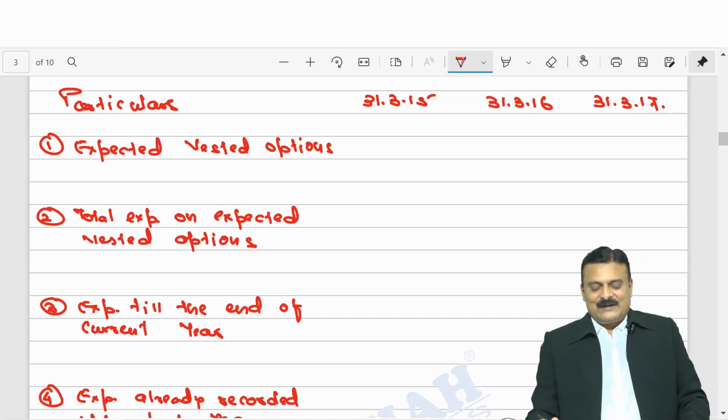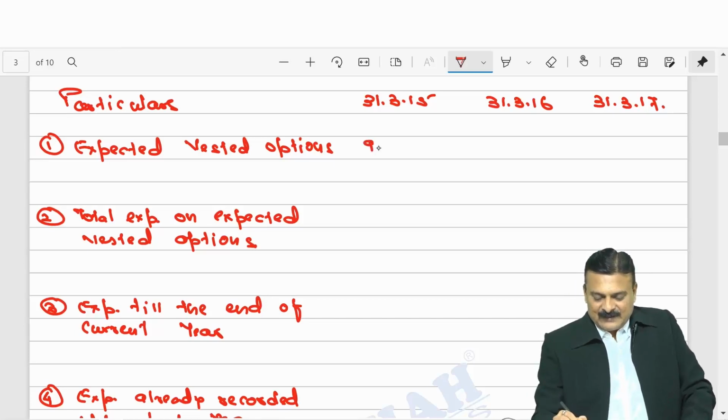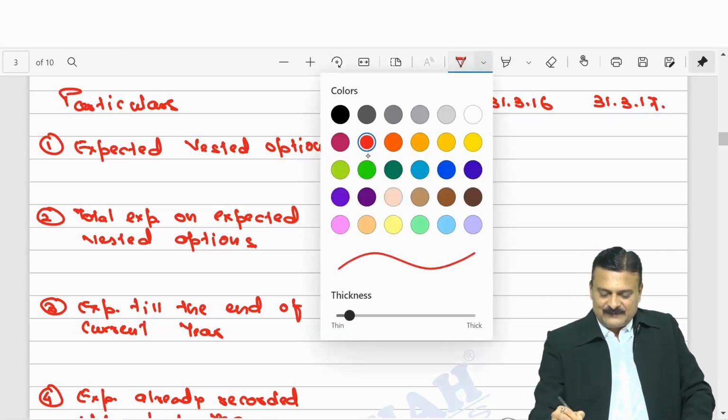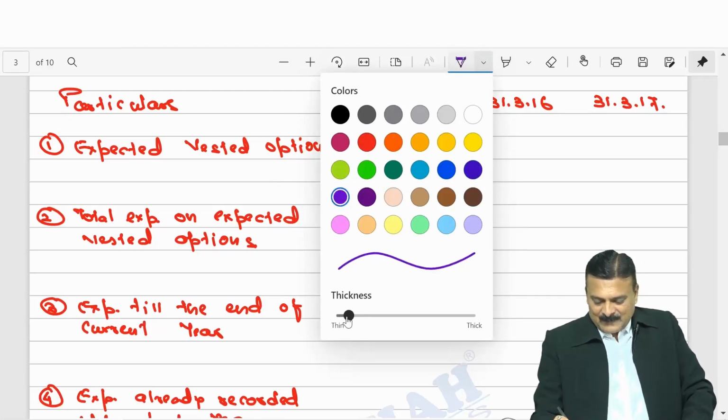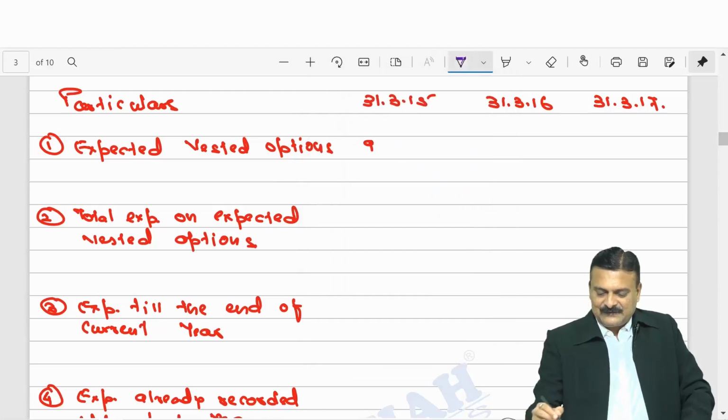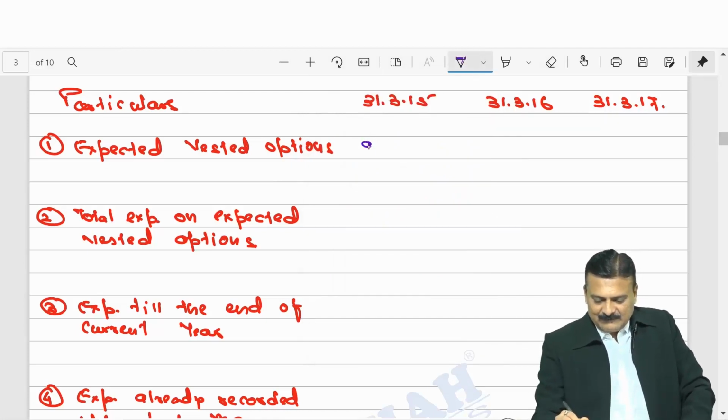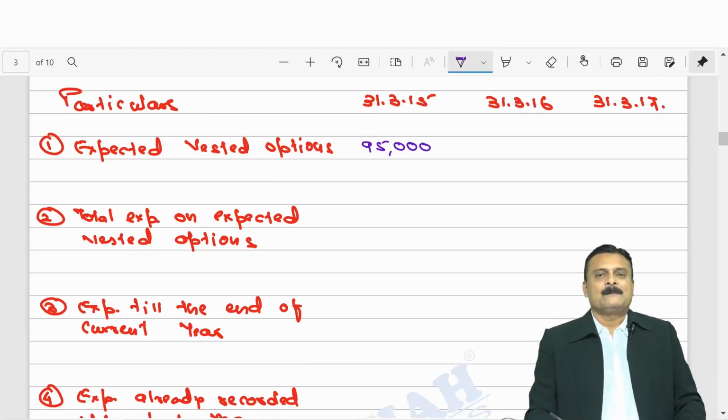First one, expected vested options. Of course, in the first year, expected vested options were 95,000. How did you get 95,000? 1 lakh minus 5,000. So expected vested options were 95,000 in the first year.